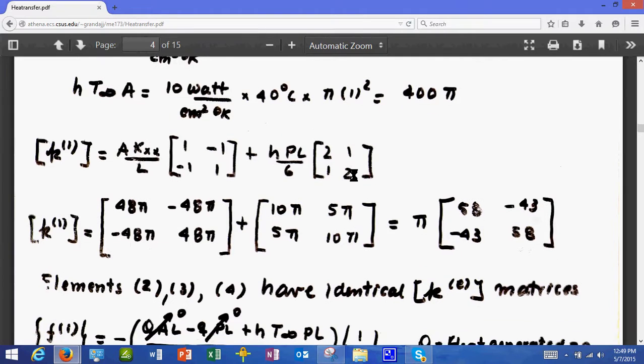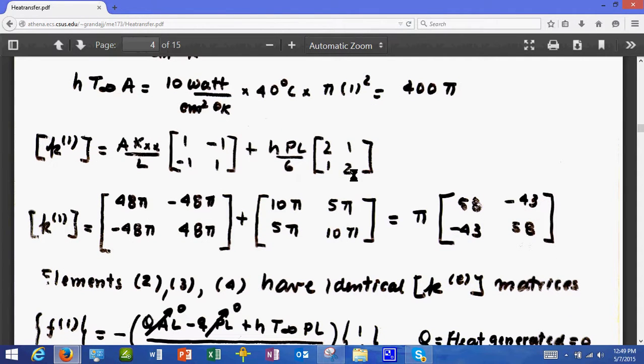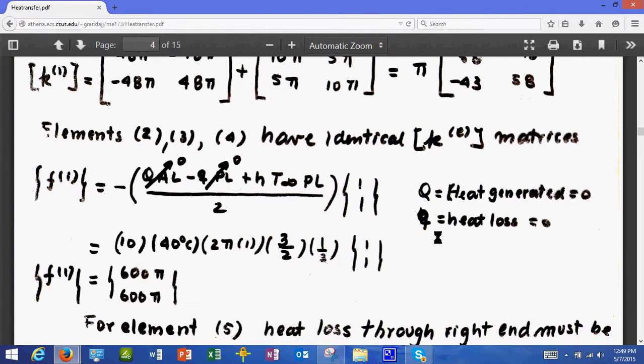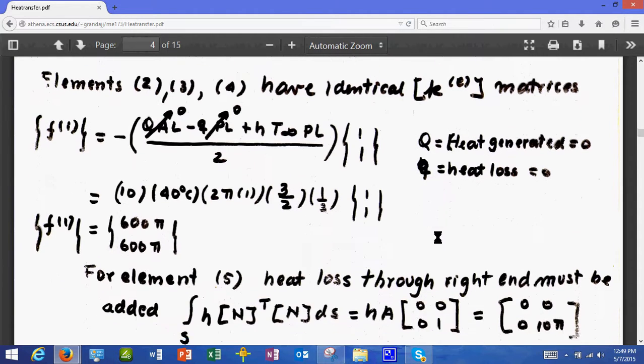Now, once you have this in here, you need to put it into the sum like that. And then do the same thing for F. F is the load vector, right? So you have to consider that there's no heat transfer on the first, and then develop the other ones accordingly.